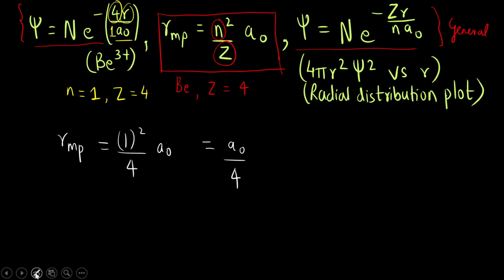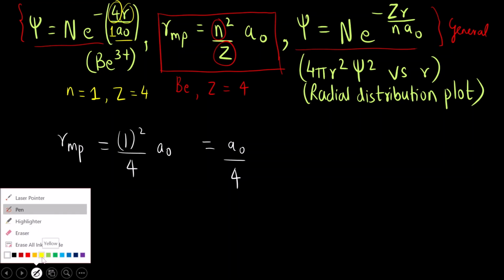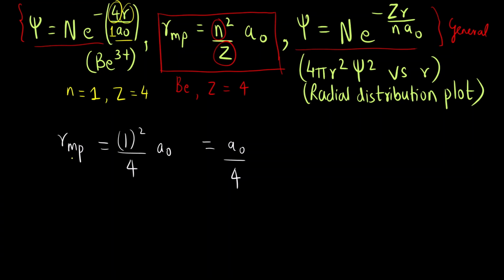So this is by using the formula. Suppose you don't remember the formula, how can we solve? The proper solution is to use the radial distribution plot. What is a radial distribution plot? It is 4 pi r square psi square, where psi is the radial wave function.